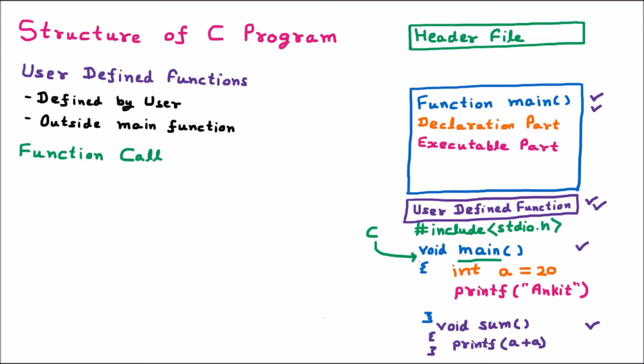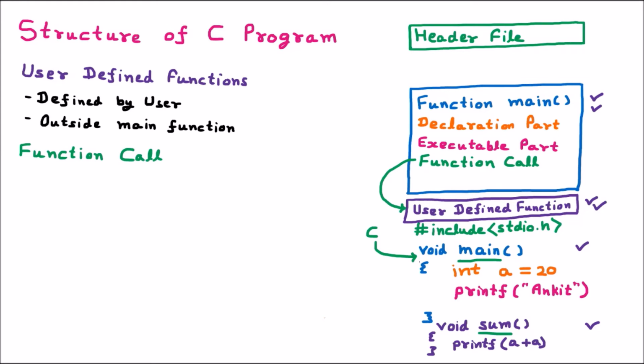But here we have defined one function, sum, which is the user defined function. Now who is going to call this function? This is the function which will be called by the function call. So here inside the main we are having the function call. This function call is going to call the user defined function.